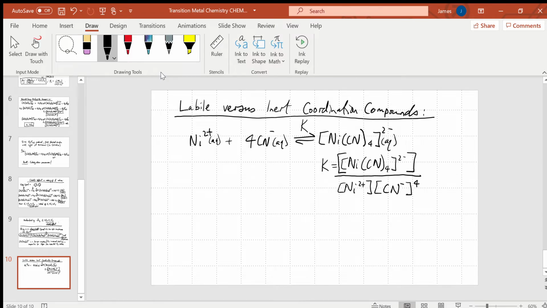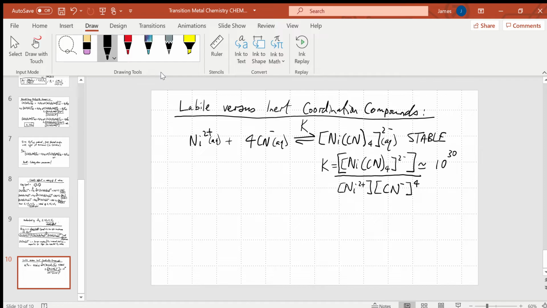Remember that the coefficient becomes an exponent in this equilibrium expression. And this value is very large. It's about 10 to the 30. So we would say that this complex is very stable, or thermodynamics favors product formation.